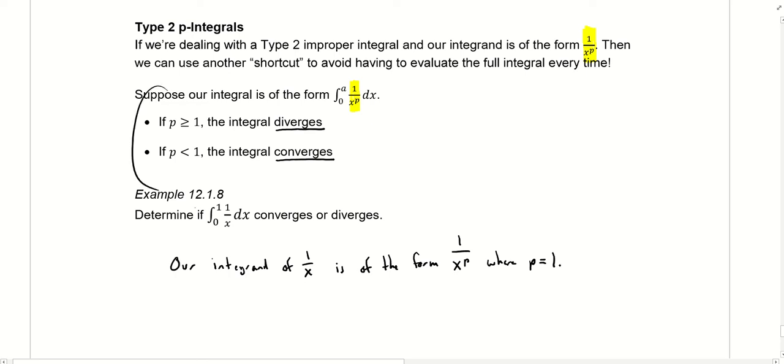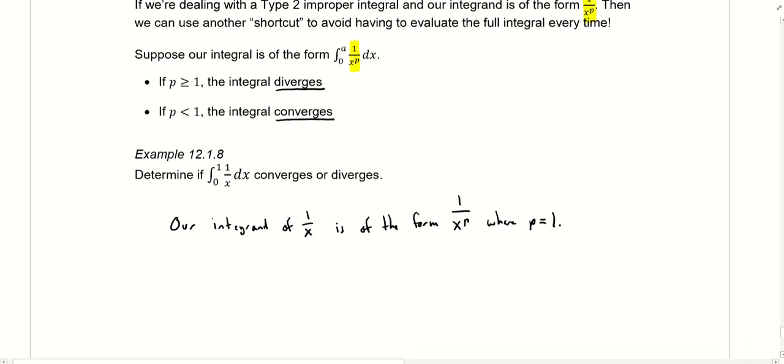Now we can use our shortcut. p is greater than or equal to 1, so this integral, by default, diverges. So since our p, our exponent, is at least 1, the integral from 0 to 1 of 1 over x diverges.